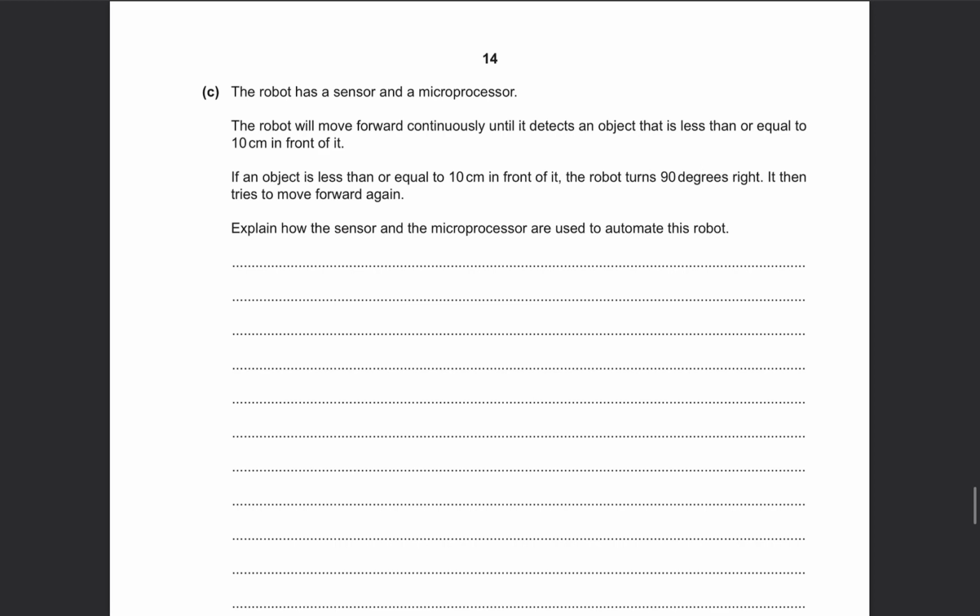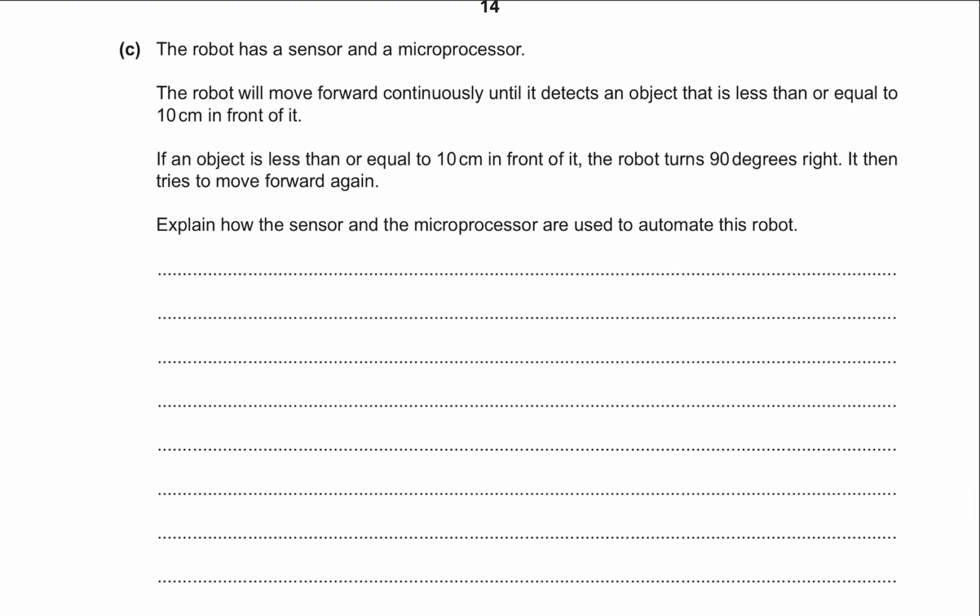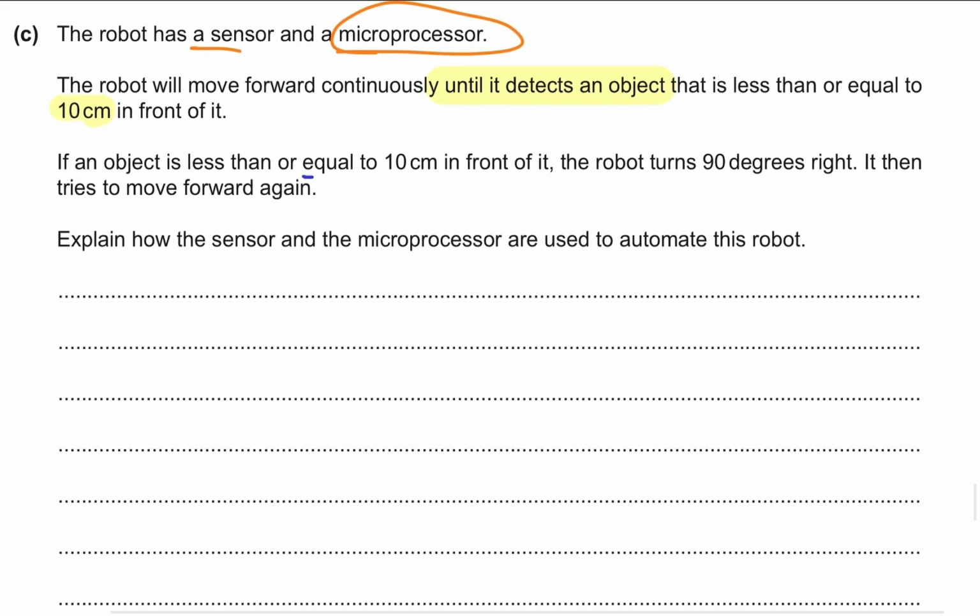Now, the robot has a sensor and a microprocessor. The robot will move forward continuously until it detects an object that is less than or equal to 10 centimeters in front of it. If an object is less than or equal to 10 centimeters, the robot turns 90 degrees right.